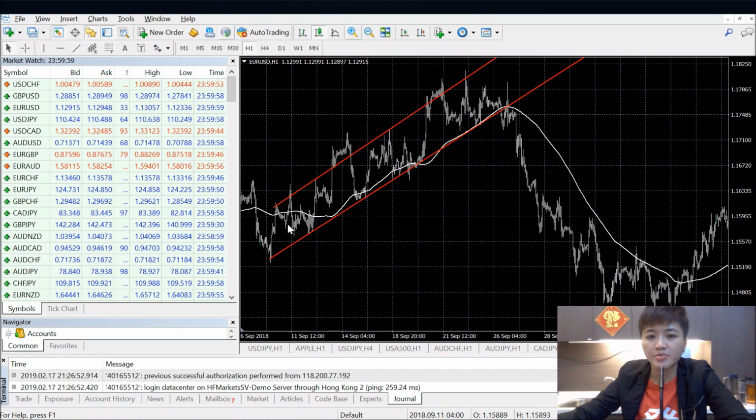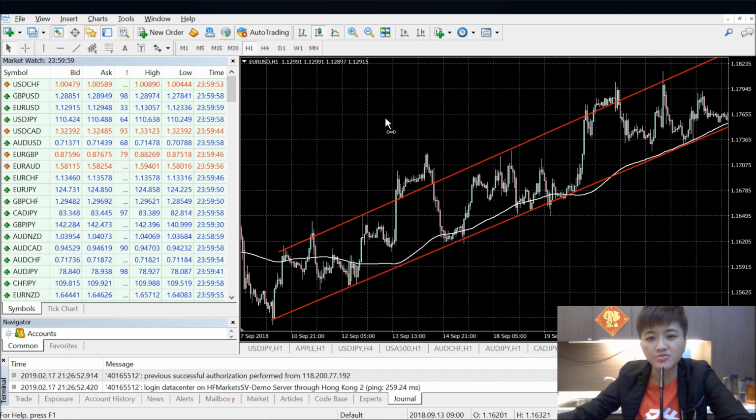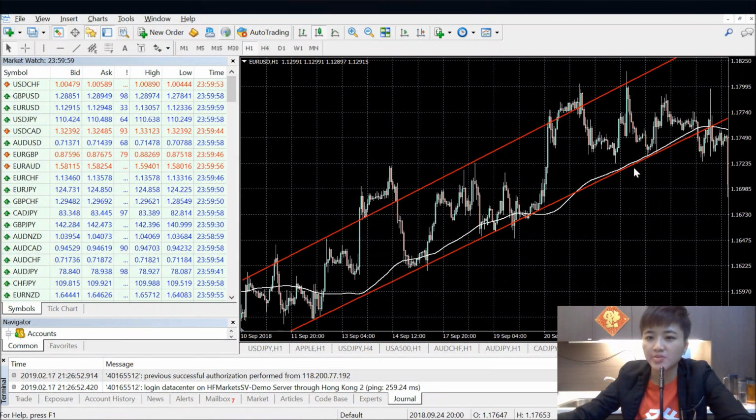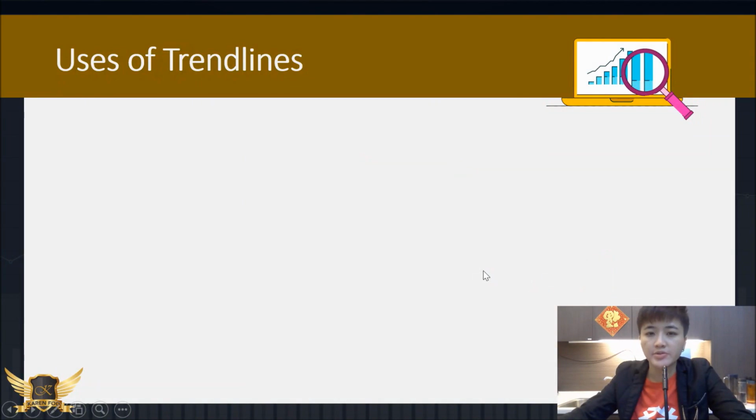But when it comes to a bullish trend, I will draw my trend line on higher lows, which is this line. Okay, I don't trade against the trend. If I do draw higher highs, like this line over here, I will draw it if I want to trade breakouts. Okay, because I know that some people draw higher high trend lines because they want to trade this retracement.